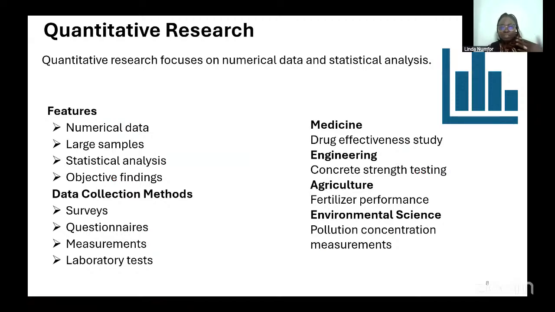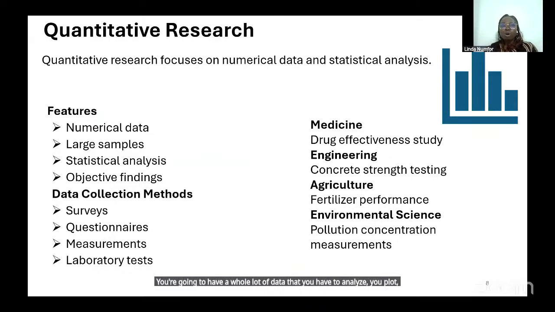So for quantitative research, this is the research that focuses on numerical data and statistical analysis. You're going to have a whole lump of data that you have to analyze. You plot, you have pie charts, you have columns, you have different types of graphs which you use to analyze your data.